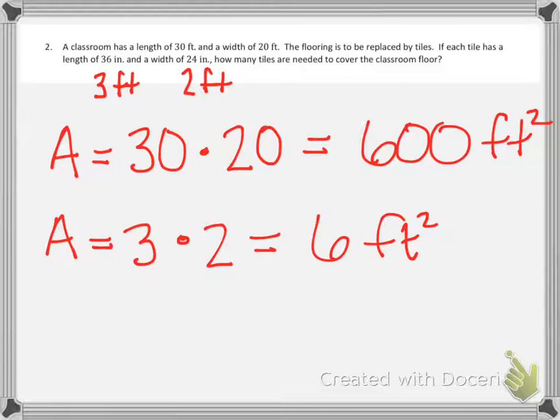And if each tile is 6 square feet, and I need to cover 600 square feet, I need to know how many tiles. Well, that's just a division problem. 600 divided by 6 is equal to 100. So you will need 100 tiles to cover the floor.